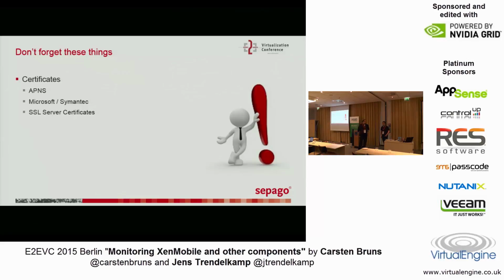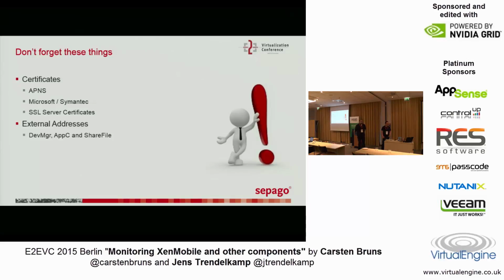You have to check your Microsoft or Symantec certificate if you use Windows phones. It's the same thing with the Apple certificate. It has to be renewed every year. And obviously the basic SSL certificates for your servers. There are not a few you have to implement, and you also have to check if they are still valid.